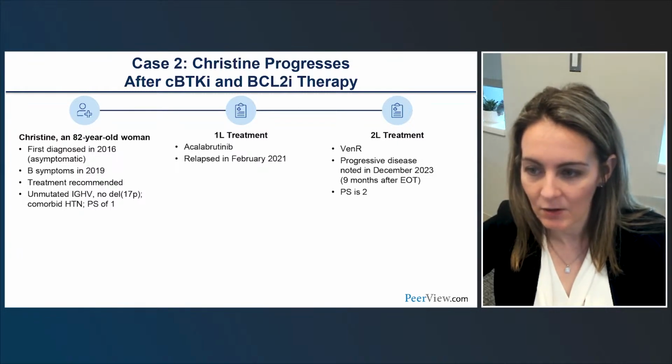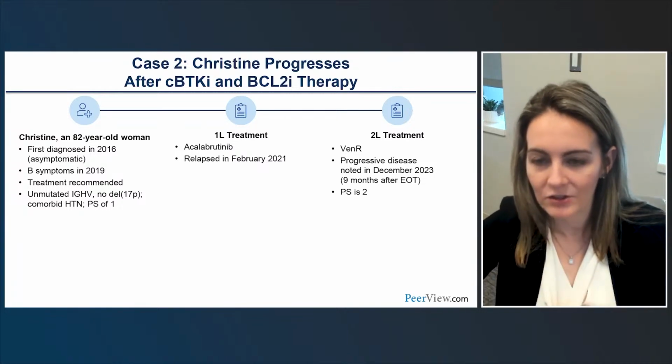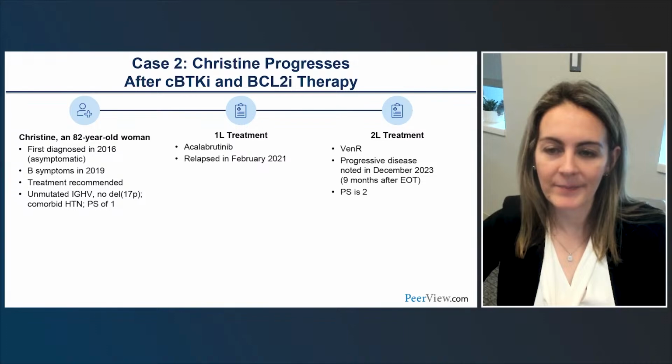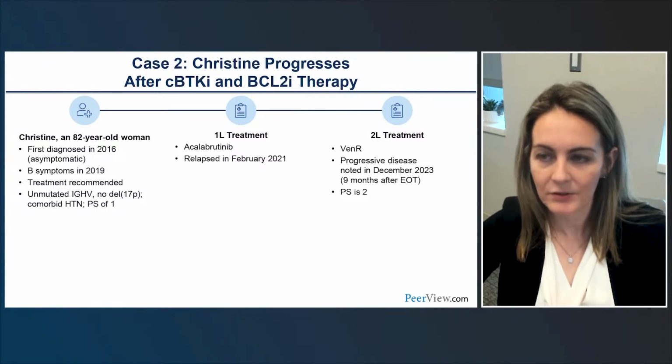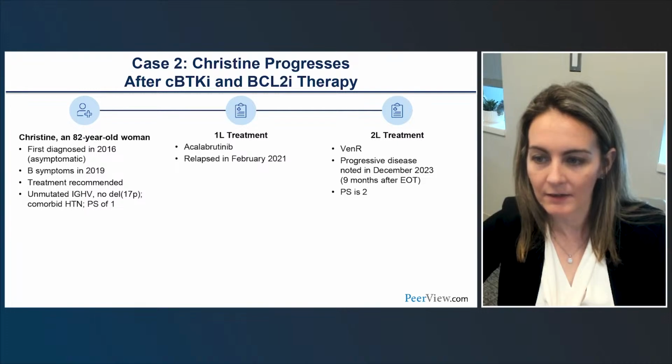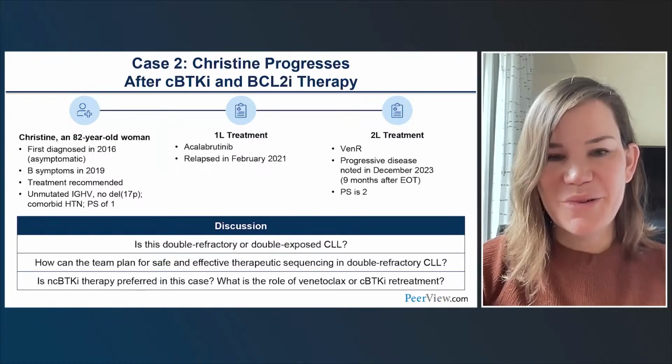Did this patient acquire a P53 mutation or other high-risk complex karyotype or other high-risk cytogenetic or molecular feature? When I'm thinking about treatment options, I think this is a space where pirtobrutinib really does have data from the BRUIN study as the new standard of care in this setting. Those are all of my thoughts.